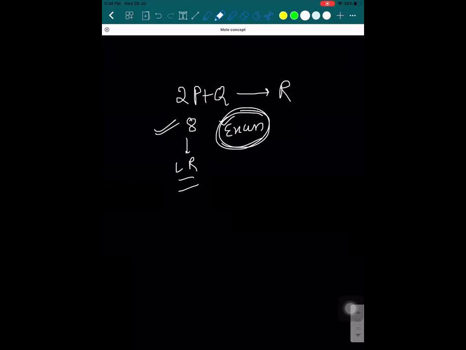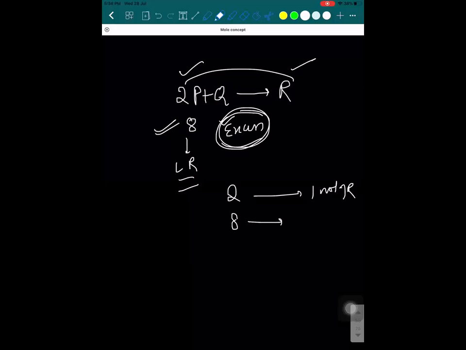So the other will be limiting. You will solve according to this. 2 moles will give you 1 mole of R. So these are moles. 8 moles will give you what? 1 by 2 into 8, 4 moles of R. Yes or no? Harshit, is it clear or not?